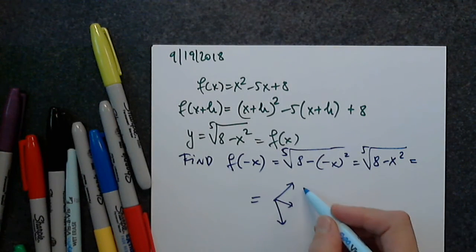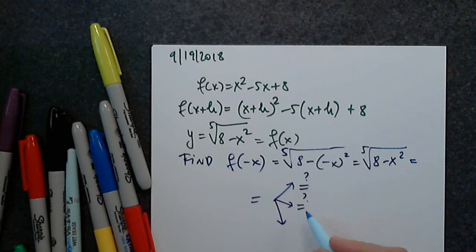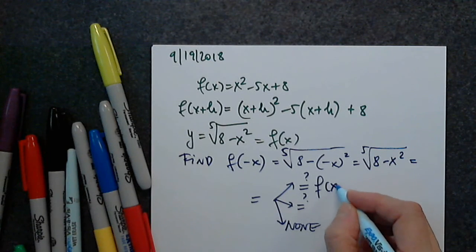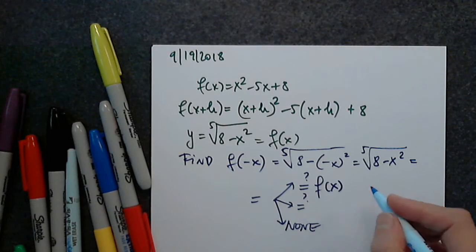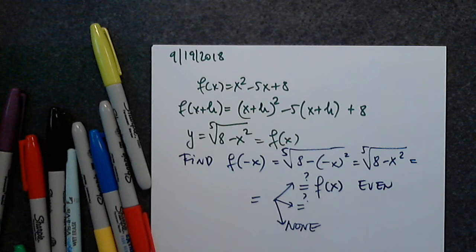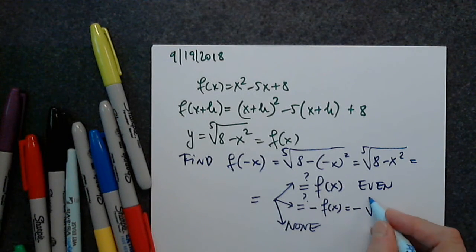Okay, so now I have 3 questions. The first question is, does this equal the original function? If it does, I will say the function is even and I'm done. Does this equal the opposite of f of x? Which you will say you haven't calculated it at all. I'm going to calculate it right now.